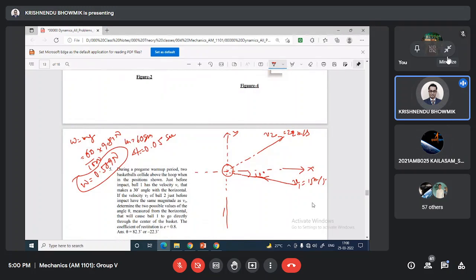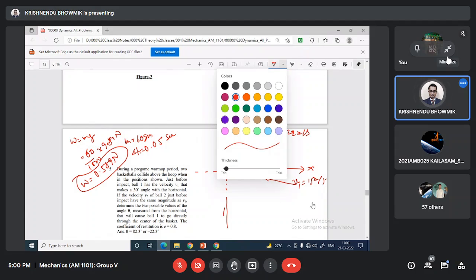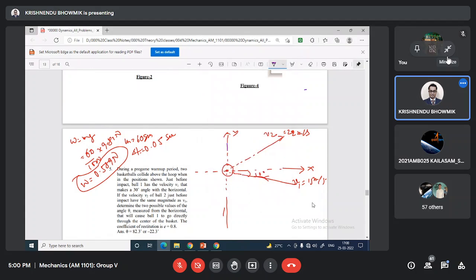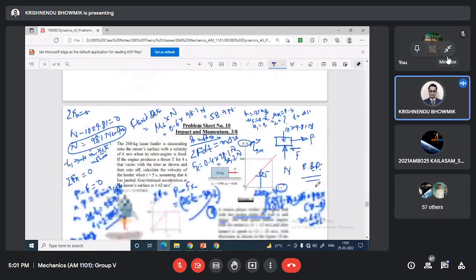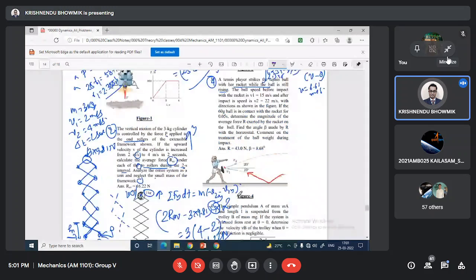Now for this ball, you can notice that, let me change the color, there is the self weight. The reaction by the racket will be at some inclined angle.